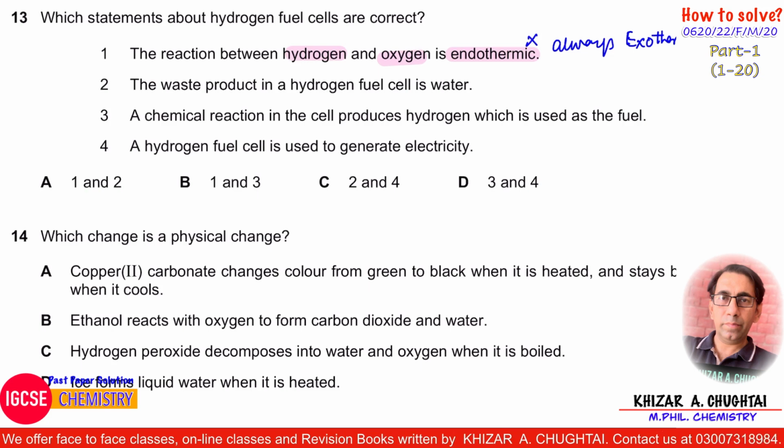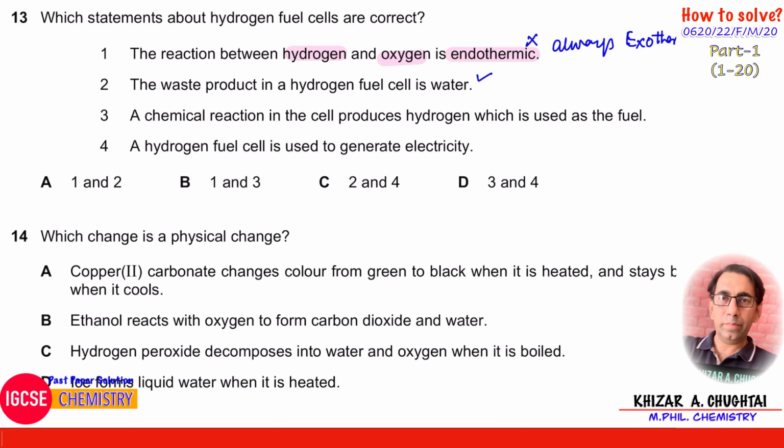The waste product in the hydrogen fuel cell is water. Yes, it is correct. A chemical reaction in the cell produces hydrogen, which is used as a fuel. No, it's not going to produce hydrogen. It consumes hydrogen. A hydrogen fuel cell is used to generate electricity. Yes, direct current is generated by the fuel cell. So 2 and 4, C is the correct option.